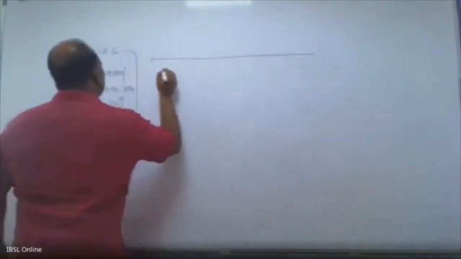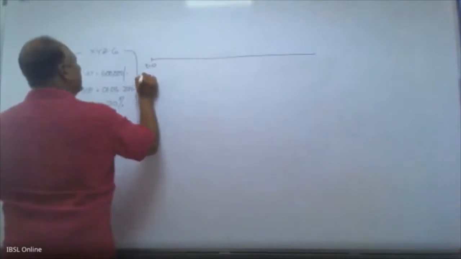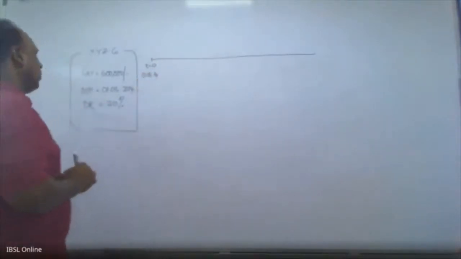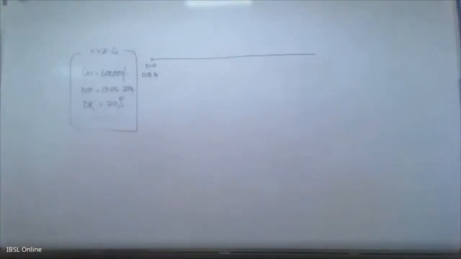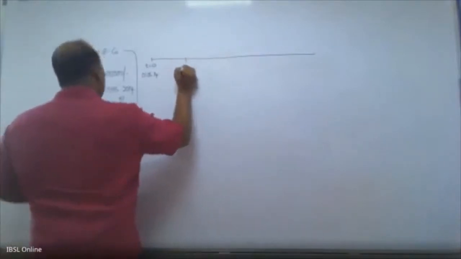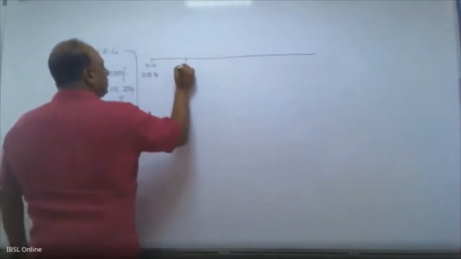So the first point, that is t equals 0, will be 1st of May 2014. And the question obviously is asking for December time period. So first financial year, t equal 1, 31st December 2014.